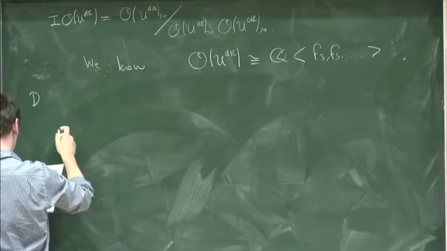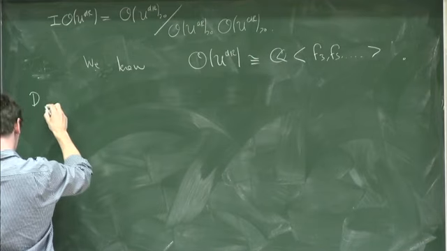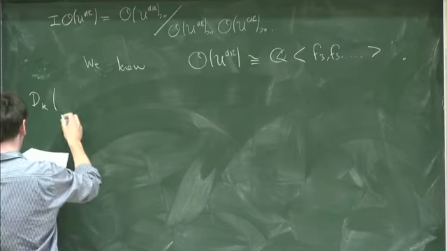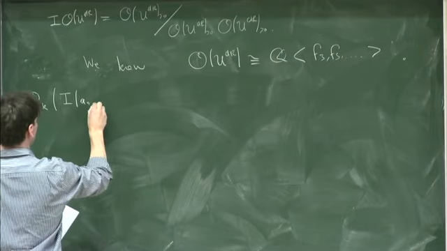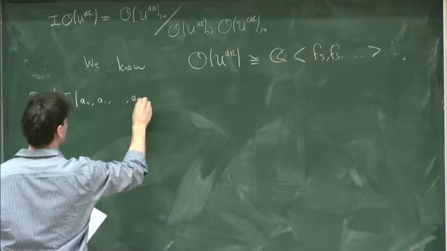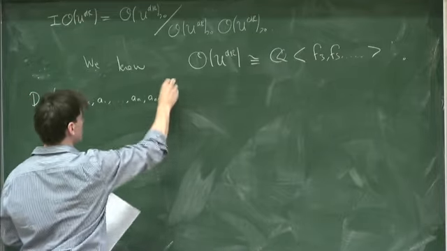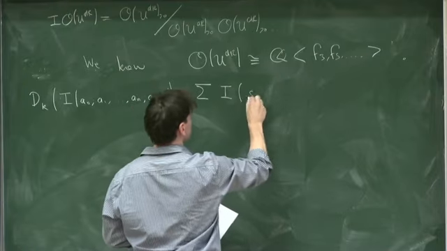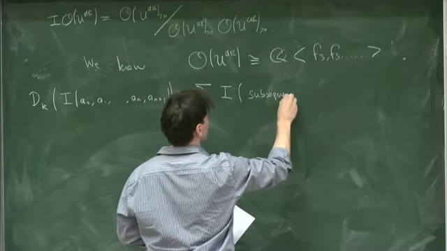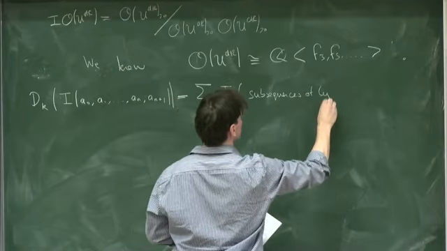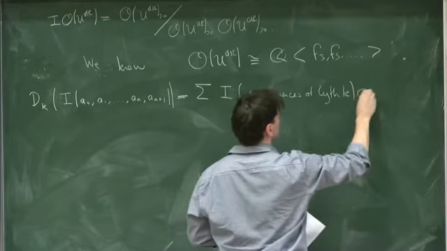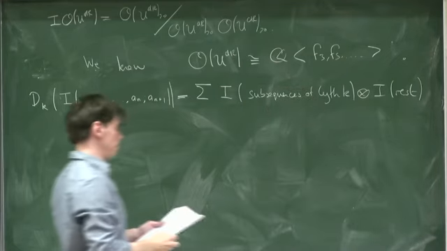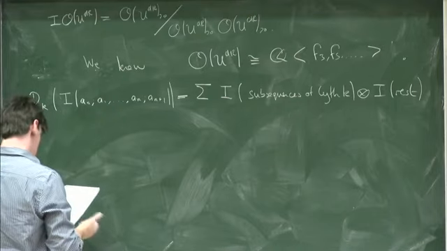So D, let me write D subscript K is the part of D where I only pull out sequences of length K. So it's a sum over subsequences of length K, this was the shape of the formula from last time, tensor what's left after pulling out the subsequence of length K.